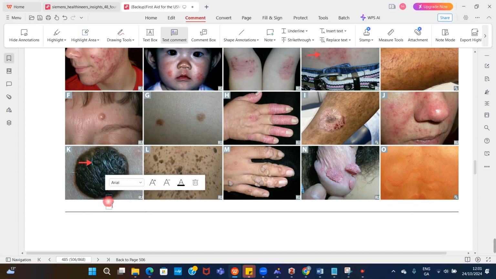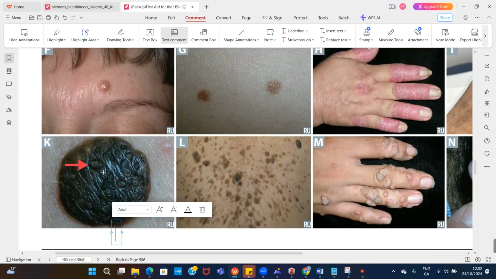Stuck-on appearance. And it is due to a benign proliferation of the cells within the skin. It's very common in areas where you have seborrhea too, like the face, the chest, and areas like that.